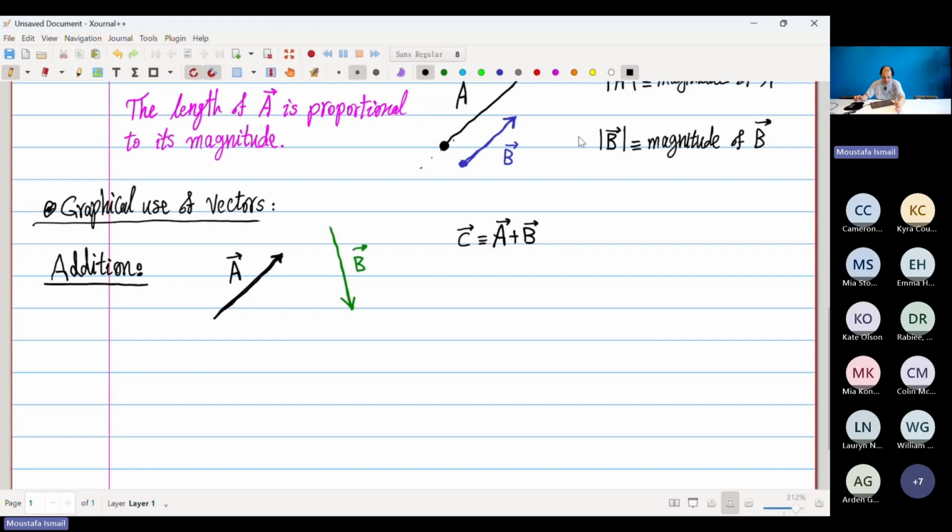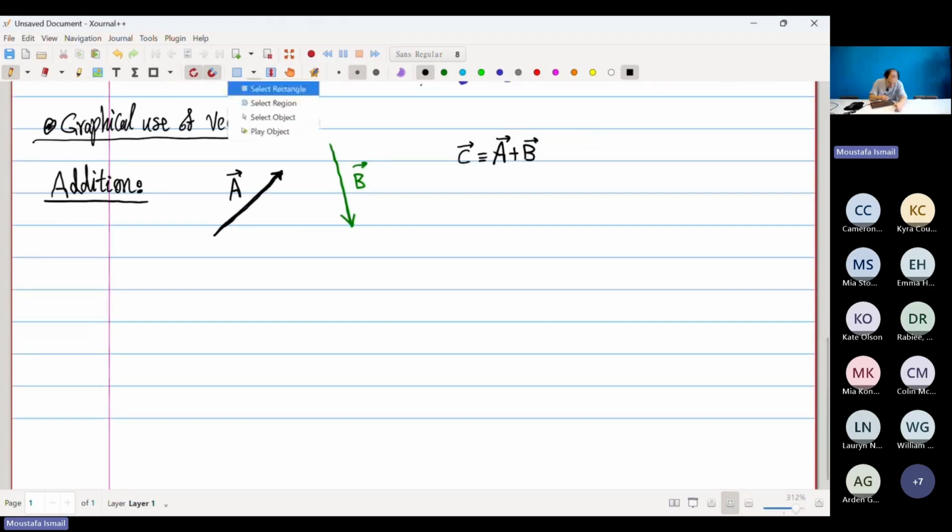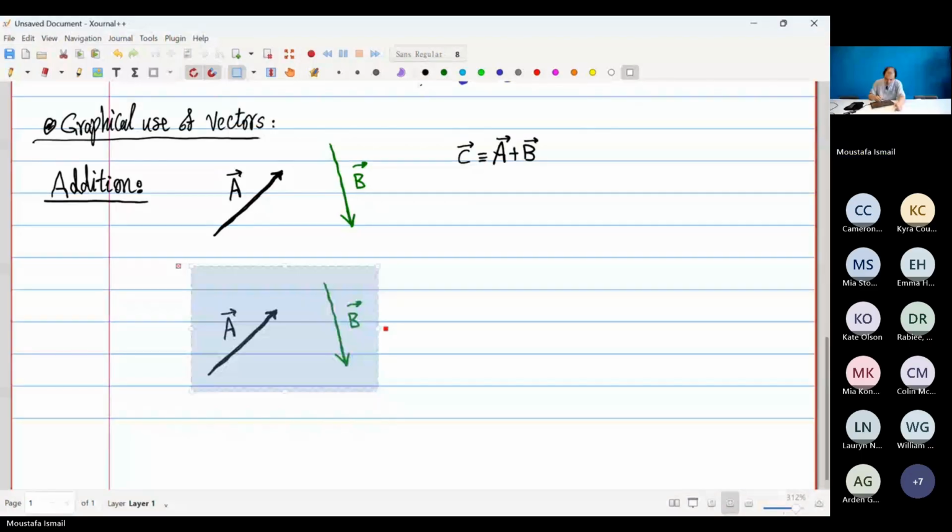What I'm going to do is, let me just copy these to have them separately instead of doing it again. Okay, so I move vector B to the head of vector A. So the tail of B is attached to the head of A. That's head to tail. That's where the terminology comes from. So head to tail.